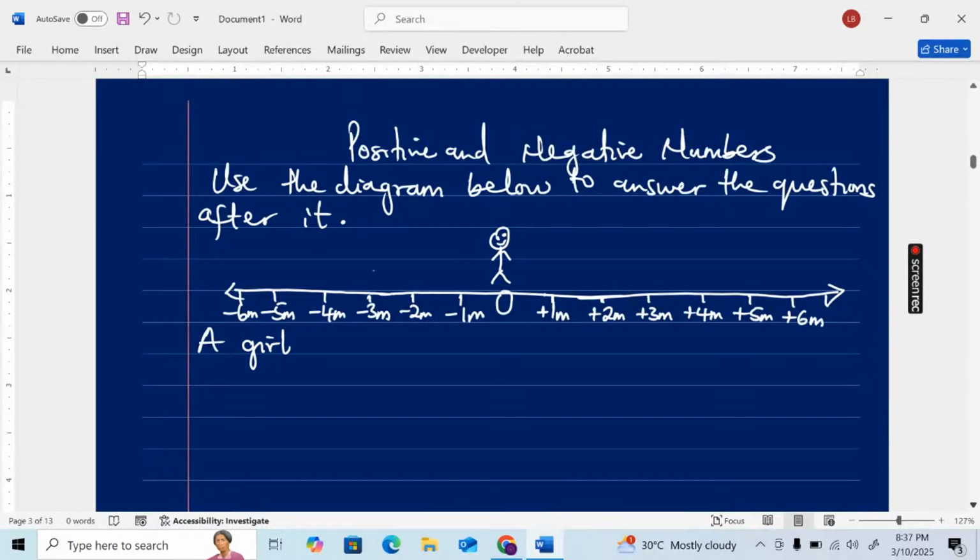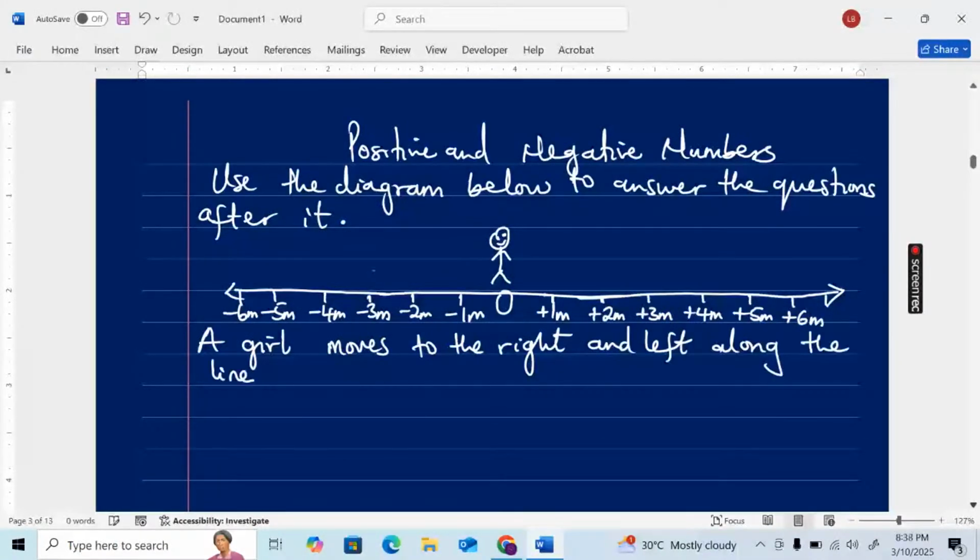Everybody should be writing. A girl moves to the right and left along the line.